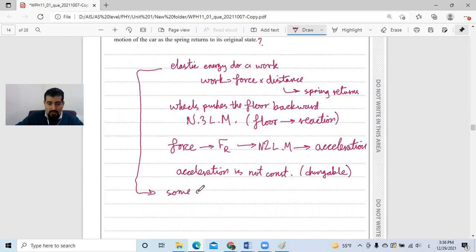Exactly, some of the energy is dissipated into heat due to friction, or into sound.